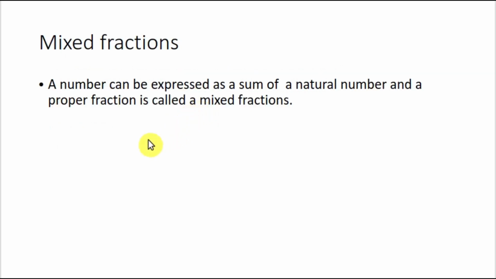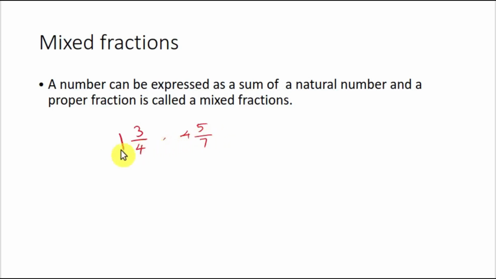The next, coming to mixed fraction. A number that can be expressed as the sum of a natural number and a proper fraction is called a mixed fraction. For example, 1, 3 by 4. We have studied last year how to convert a mixed fraction into an improper fraction.